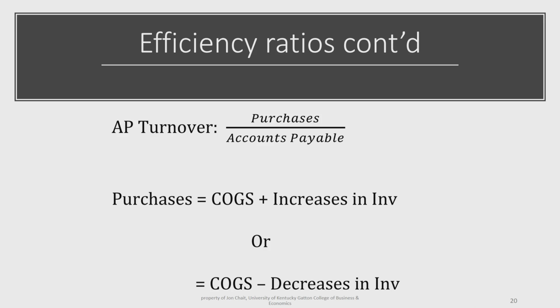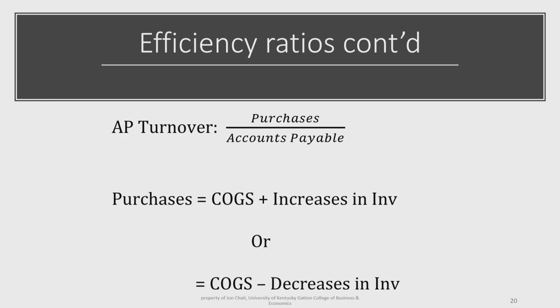So the idea is the company has an inventory balance at the beginning of the year, and it's using this inventory to fund its cost of goods sold. If it were to increase the inventory, then the purchases for the year would obviously have to be the amount necessary to increase the inventory, plus the amount necessary to fulfill COGS.